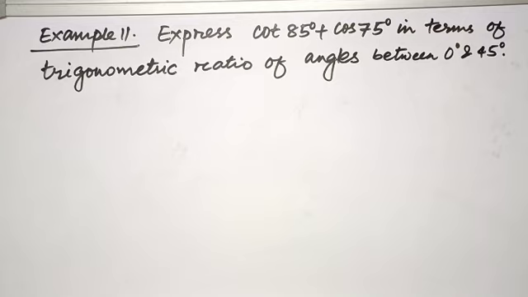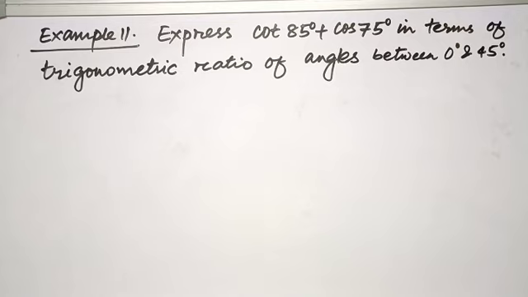And 75 is also greater than 45 degree, so we have to reduce this 85 and 75 to angle between 0 and 45. So we'll reduce it with the help of trigonometric ratio, and we are going to solve it just by using complementary angle.